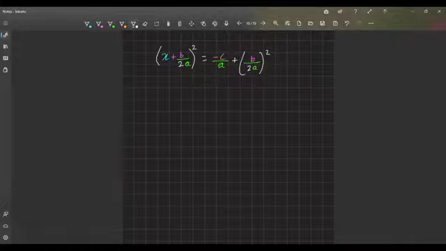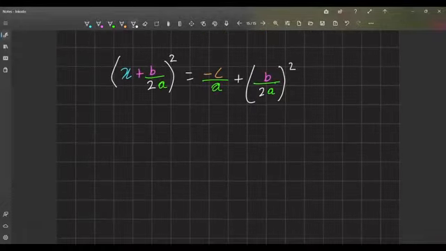First of all, I'll rewrite the left hand side and I'll simplify the right hand side.